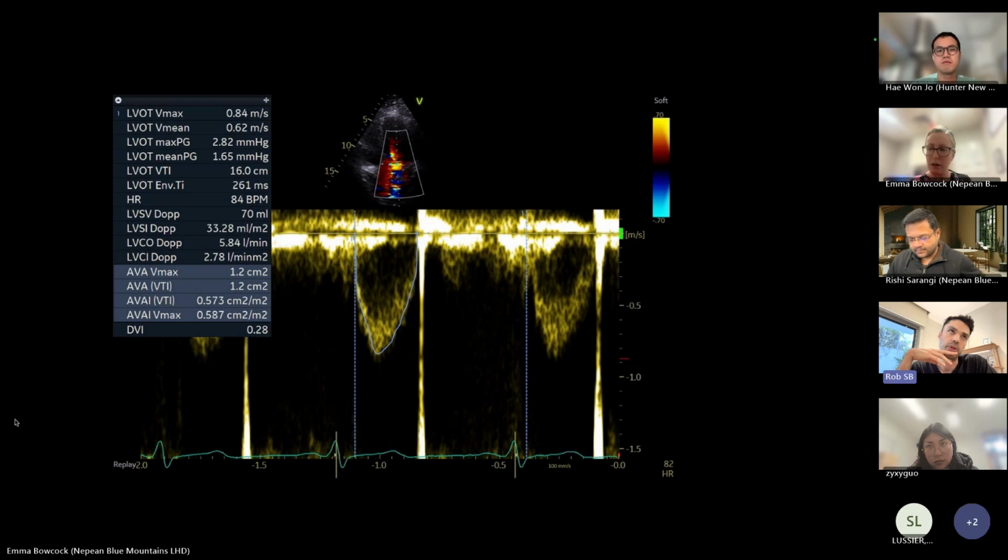Moderate is a mean gradient greater than 30, and I think a maximum velocity greater than 3. I have to double check the area, sorry, Emma. In terms of dimensionless index, less than 0.25 is severe, and between 0.25 and 0.5 is moderate.